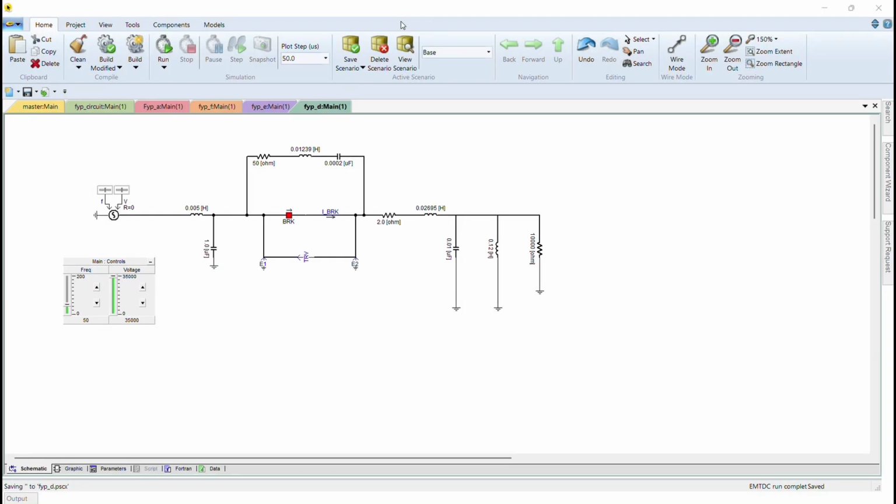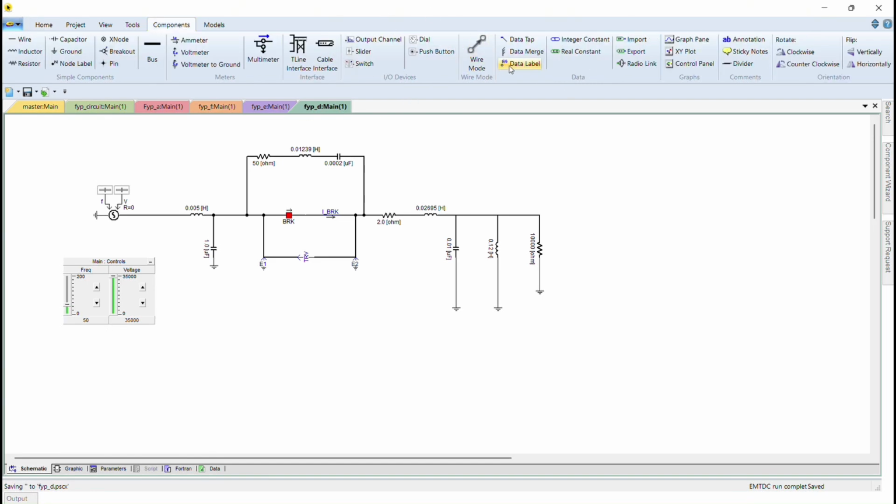On the screen, it shows the circuit diagram before fault, and it is divided into three parts, which are source, transmission line, and load. This is the control panel, whose function is to control the value of frequency and also the voltage. Okay, so I will show how to make the graph.